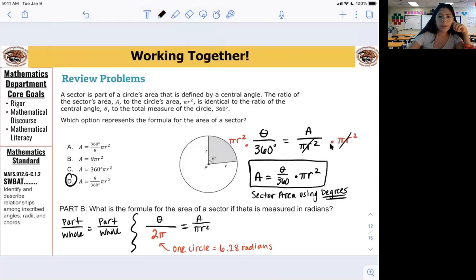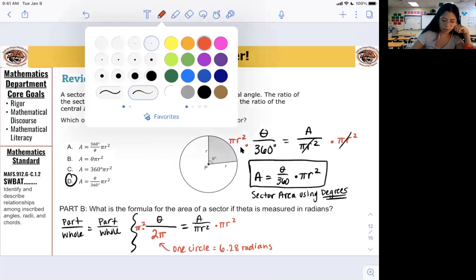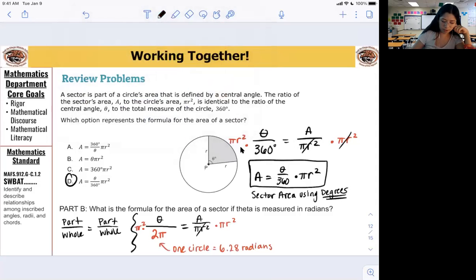And now I'm basically going to do the same thing because I want to get A by itself. So these cancel out, and I'm left with A equals theta over 2 pi times pi r squared. Does anything cancel out?